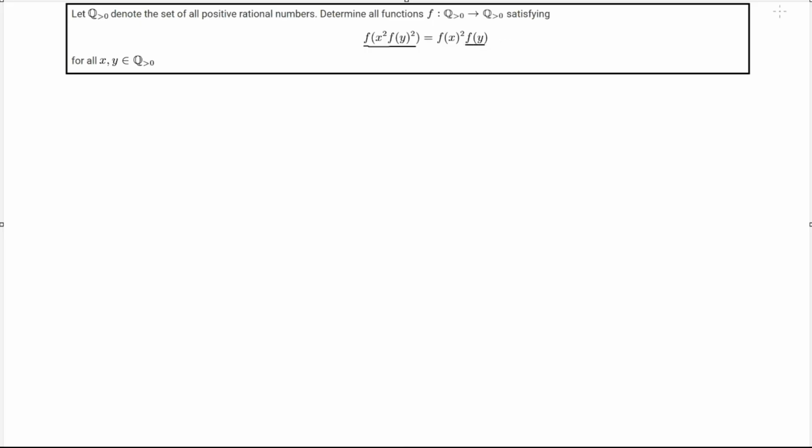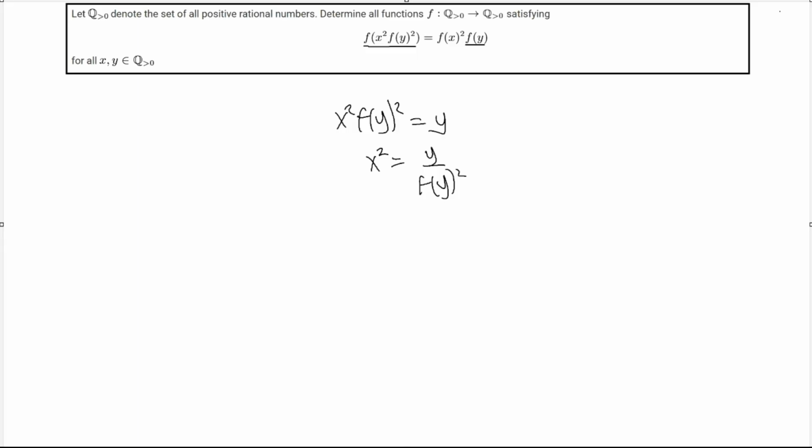And the best way to do this is by letting x squared f of y squared be equal to y. Because then obviously if you input each side into f, you'll get the same thing. So the best way we can make this possible is if we let y equal 1, because then we want x squared equals y over f of y squared, so that y is a perfect square of a rational number.